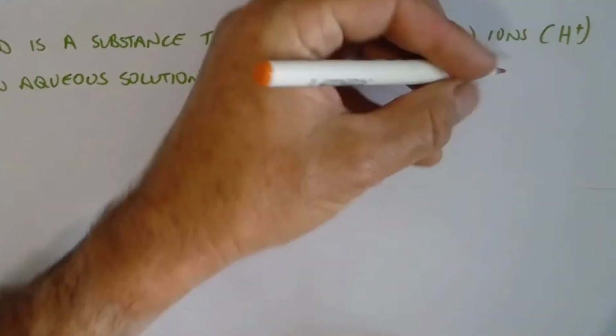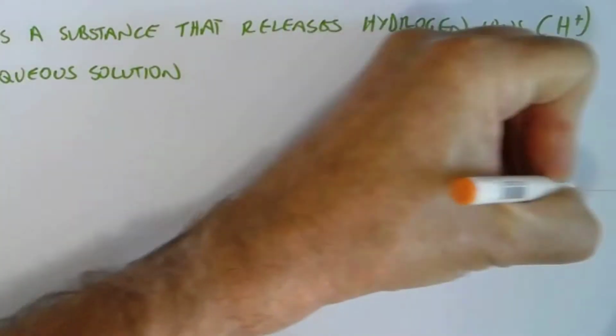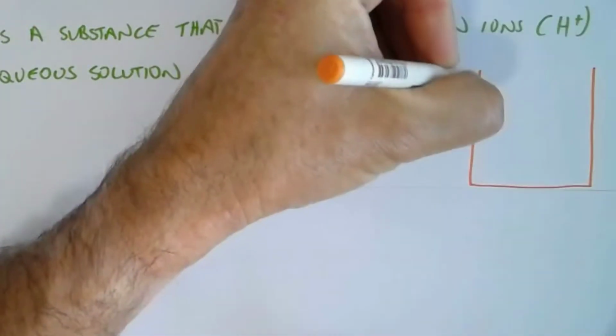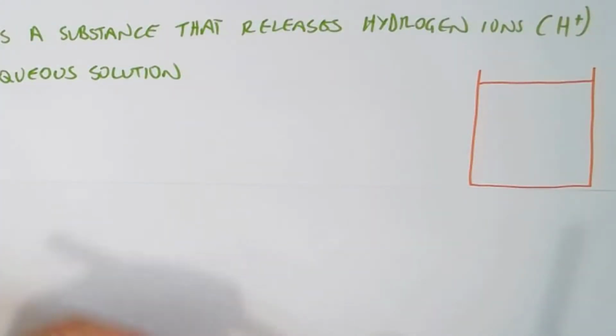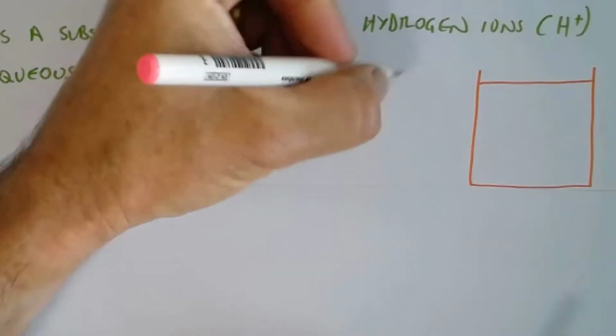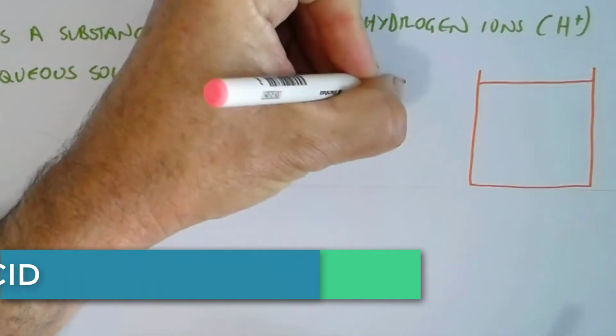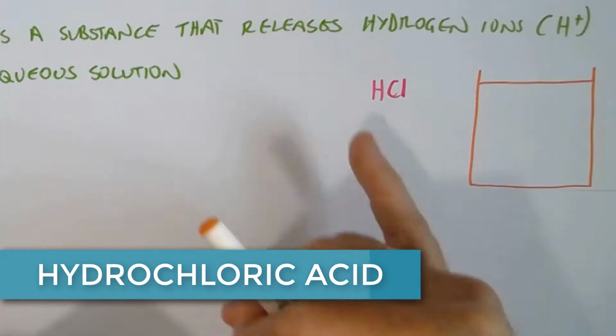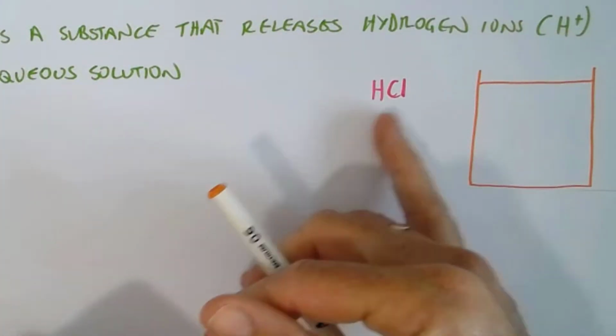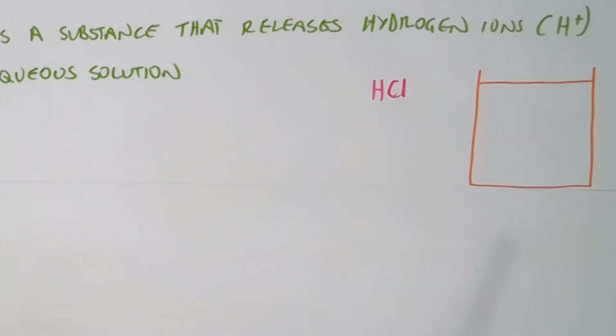Let me show you what I mean. So we have a beaker here, and that beaker contains water. Here's an acid, HCl. That's hydrochloric acid. It contains one atom of hydrogen and one atom of chlorine.